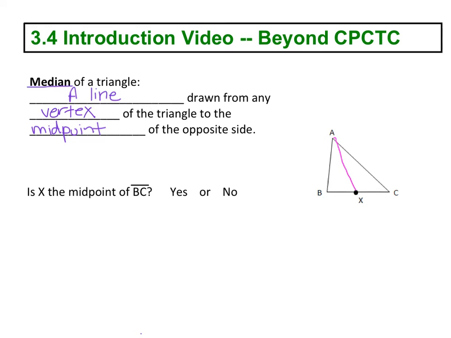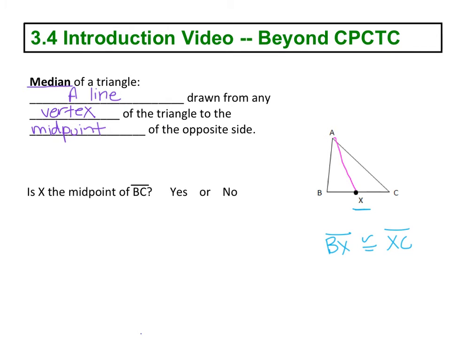That means that X down here is the midpoint of this segment, the side that's opposite of the vertex. And then remember, if X is our midpoint down here, that means that segment BX will be congruent to segment XC. Midpoint gives you two congruent segments.